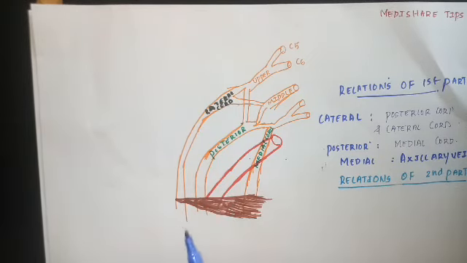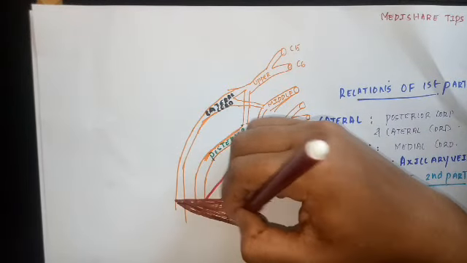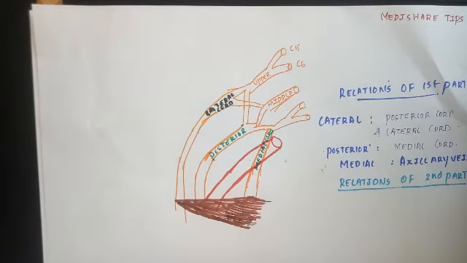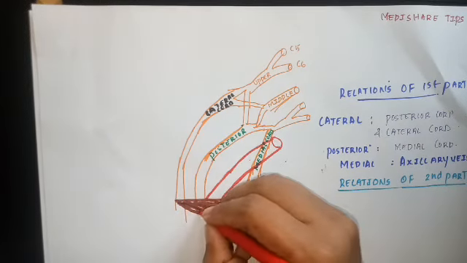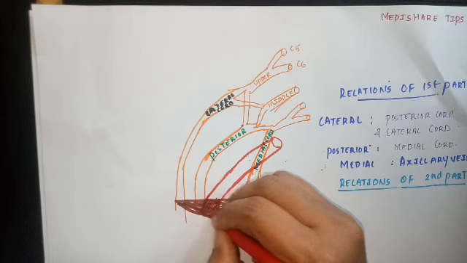That is, the posterior cord is posterior to the second part of axillary artery. The lateral cord lies lateral to the second part of axillary artery, and the medial cord lies medial to the axillary artery, second part. So this is the second part. It lies under the pectoralis minor.